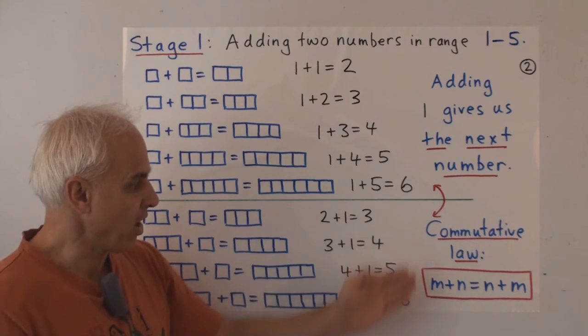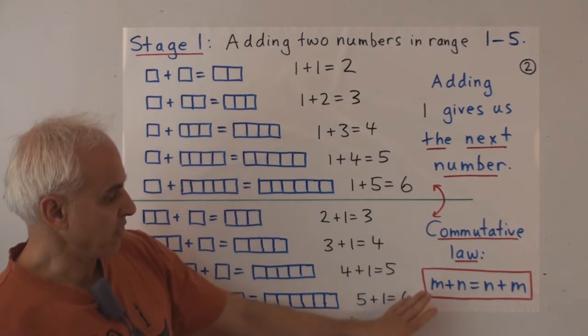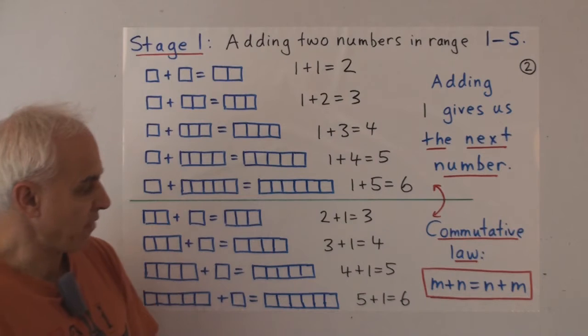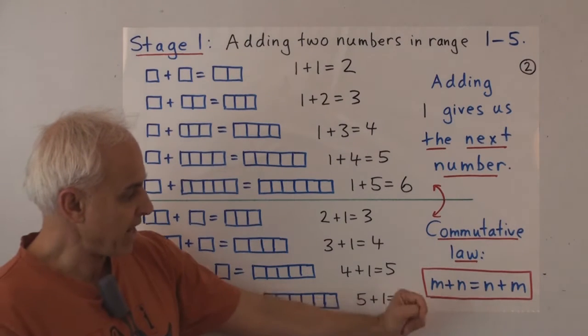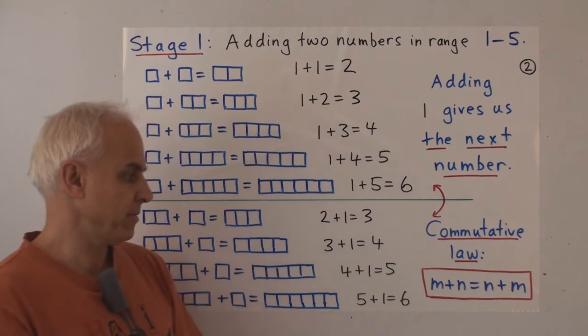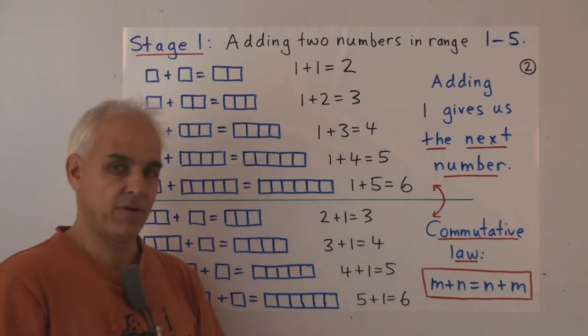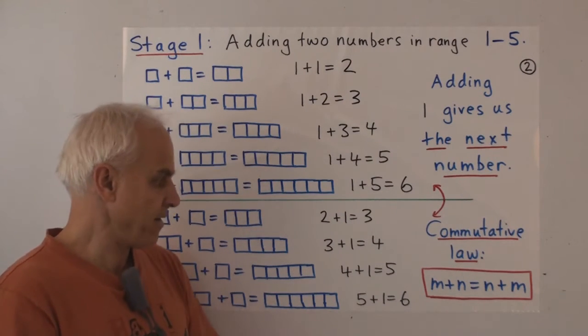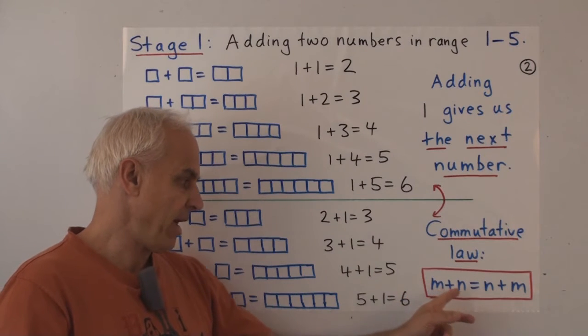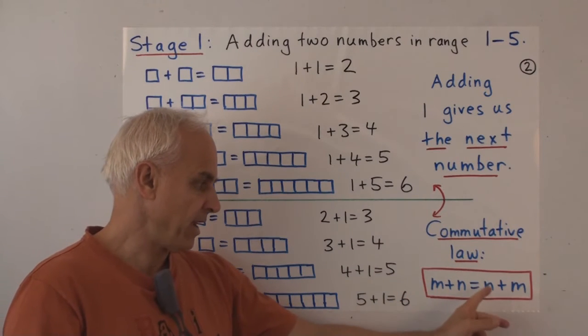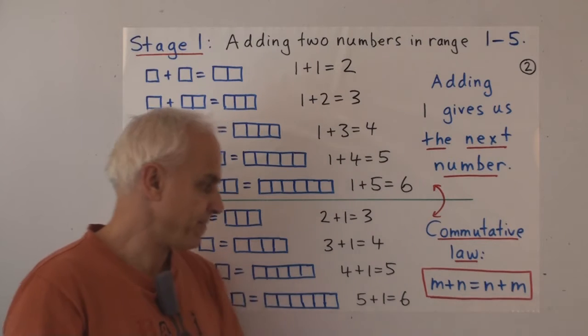And that's the commutative law of addition. And here's our sort of fancy expression for that. m plus n equals n plus m. That's our way of saying that no matter what numbers we choose, m and n, doesn't matter if we add m plus n, we get the same thing as n plus m.